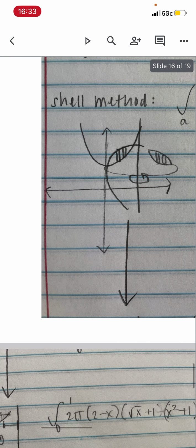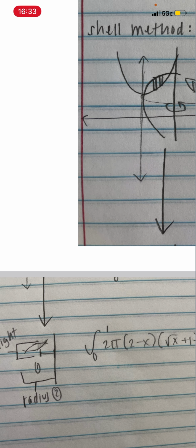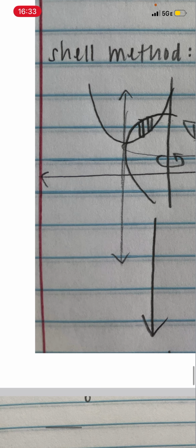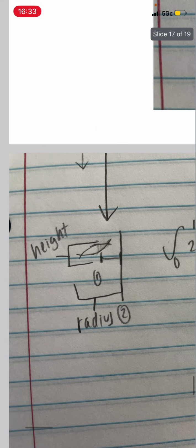And for the height, because it's going to be vertical, the top function is that square root of x plus 1 minus the bottom function, which is that x squared plus 1. So that is our height, from top to bottom of the vertical slices. Same thing, that is our height, and our radius.